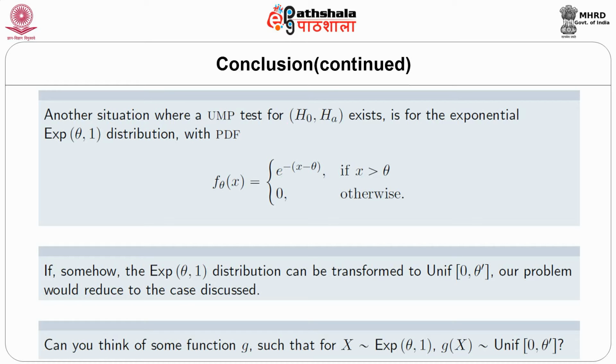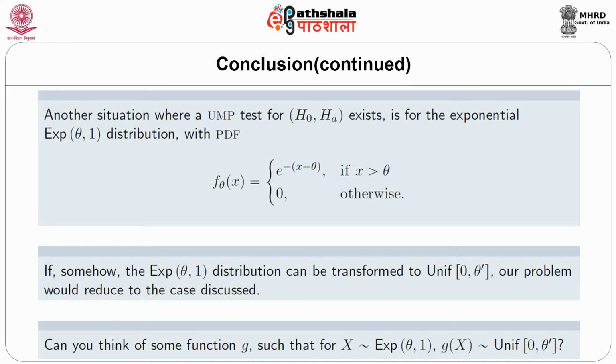Another situation where a uniformly most powerful test for H naught, theta equal to theta naught, against a two-sided alternative exists. The exponential is of the form e to the power minus (x minus theta) if x greater than theta and 0 otherwise.